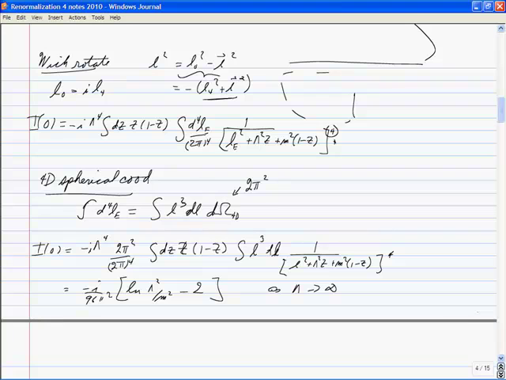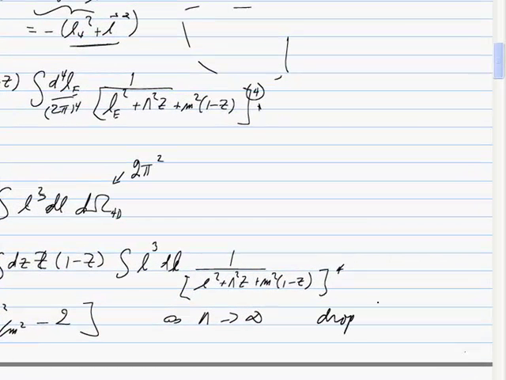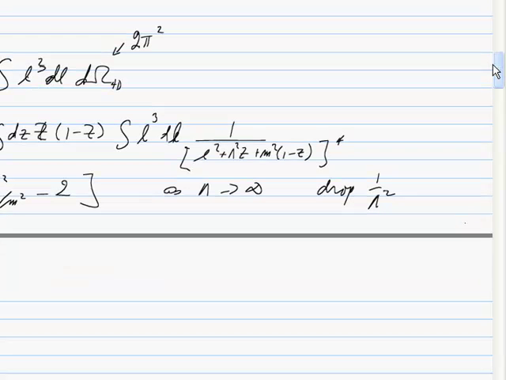But in some other case, if you have lots and lots of different divergent integrals and you're adding them all together, you have to keep the 2 because the other one might come out log lambda squared minus 1. And when you add the two together, the log lambdas cancel, so there's a minus sign, they cancel, and you're left over with the 1. So you always keep the finite piece, but you drop 1 over lambda squareds because those will never contribute.